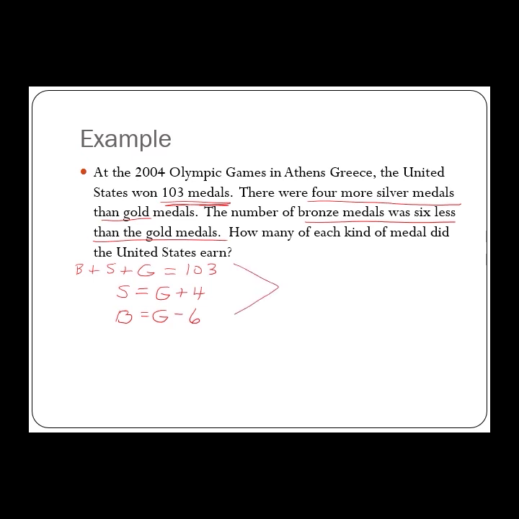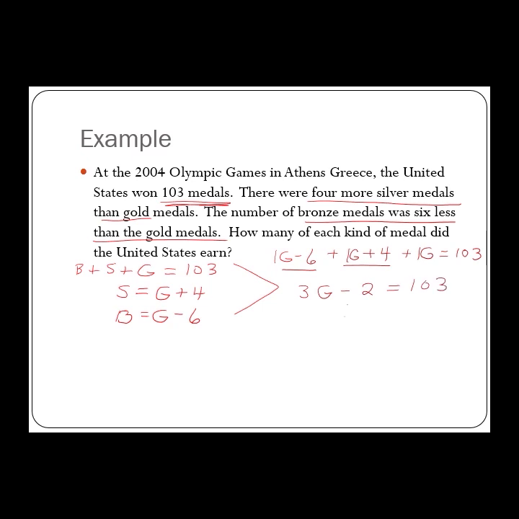And then we can put them together and say the gold minus 6, that's substituting in for the bronze, plus the gold plus 4, that's substituting in for the silver, plus the gold equals 103. So we can take all the information from the problem and put it into this one equation. So all together we have 3g, 1 there, 1 there, and 1 there. And then negative 6 and plus 4 is negative 2.